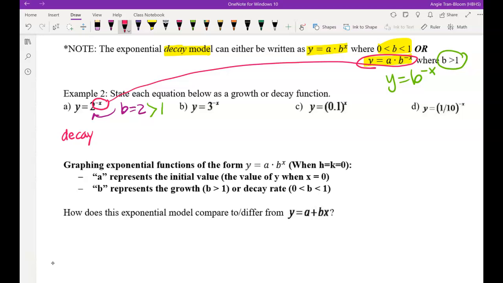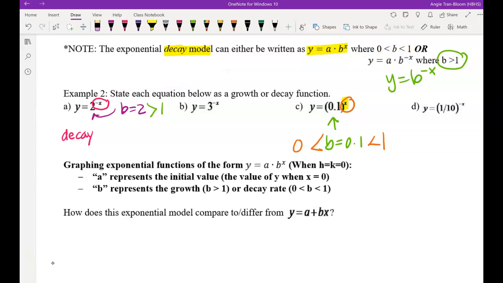Try b on your own, and then c says y equals 0.1 to the x power. Your exponent here is a positive exponent. Since your b value is 0.1, which is in between 0 and 1, and this has a positive exponent, guys, that brings us to this guy right here.